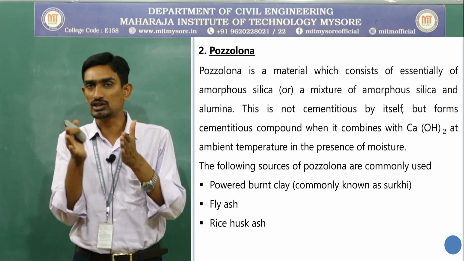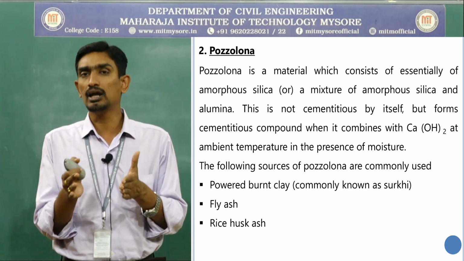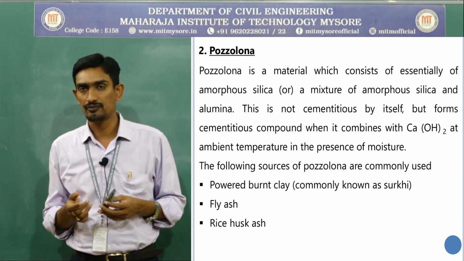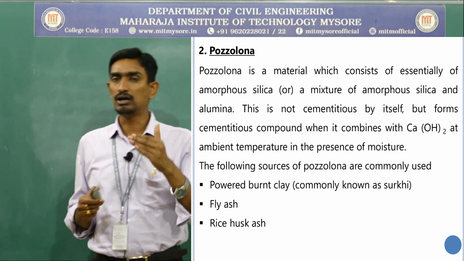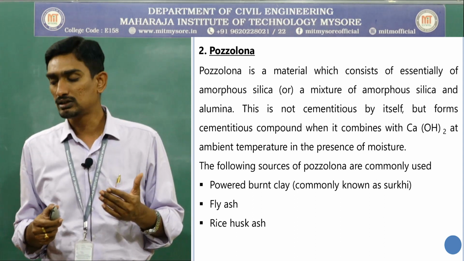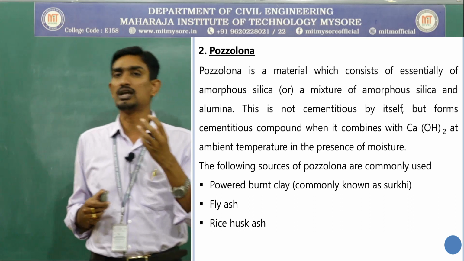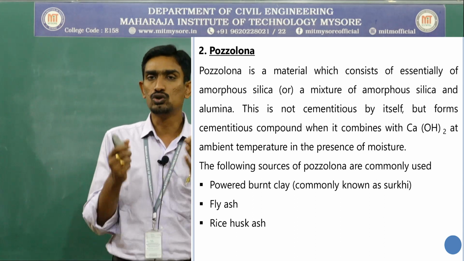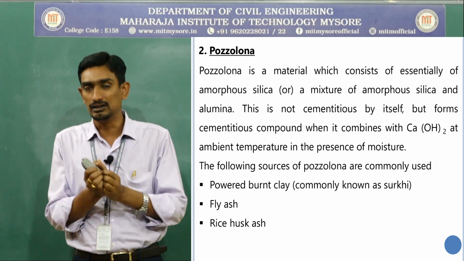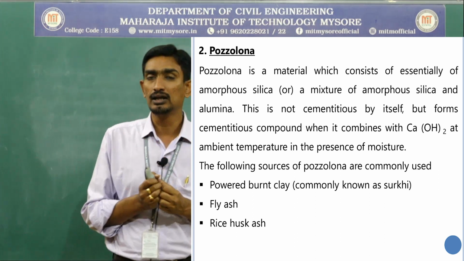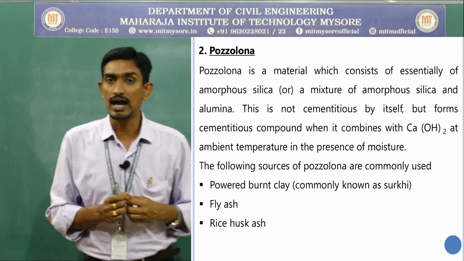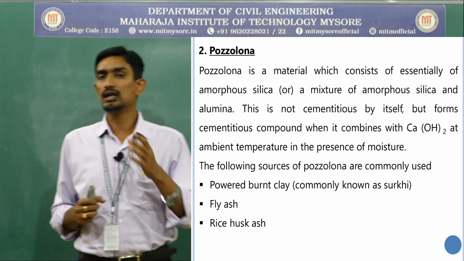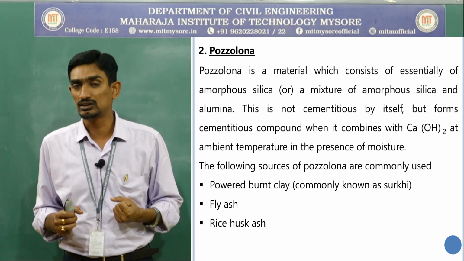Whatever residue is left after burning starts flying upwards, because it has a lesser weight or specific gravity. Those materials are collected in the electrostatic precipitator, a device used in the industry to collect the ash.